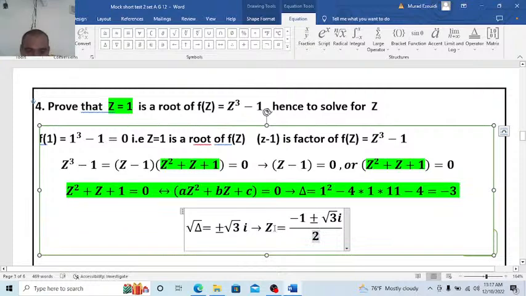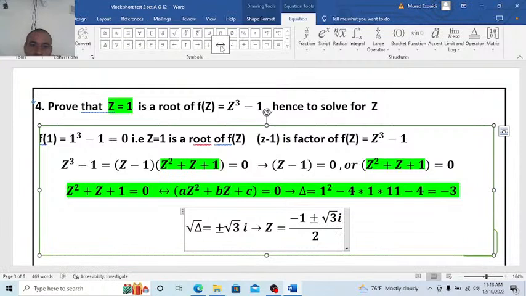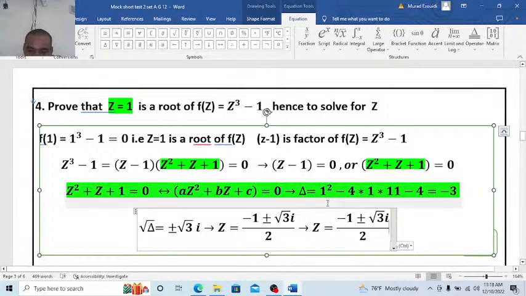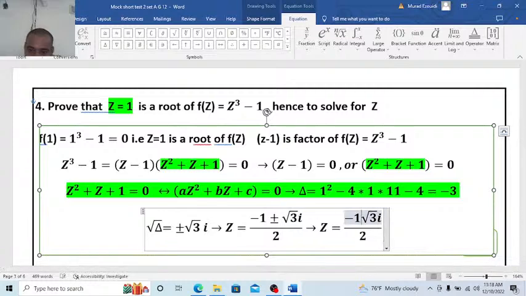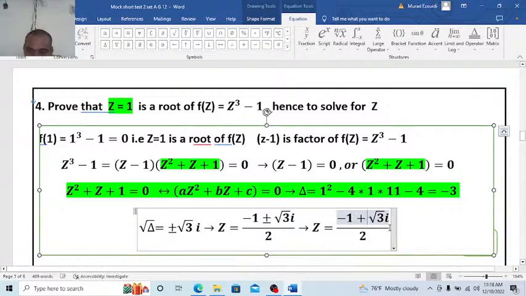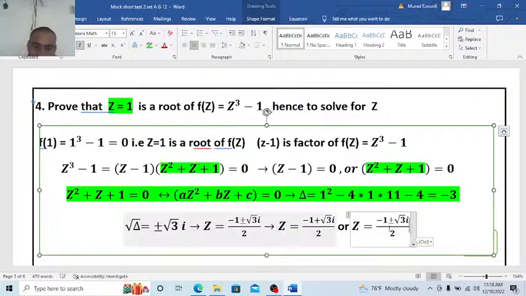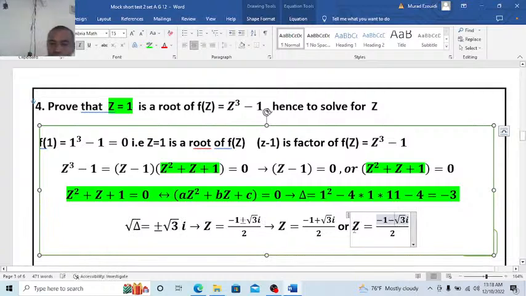Therefore the first z is with plus and the second one is with minus. These are the two roots that should be found.